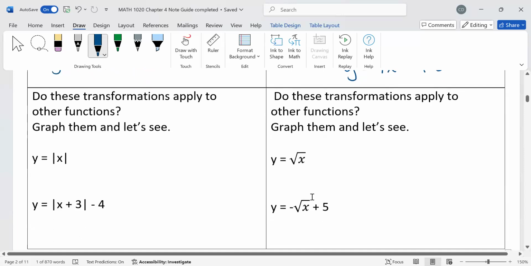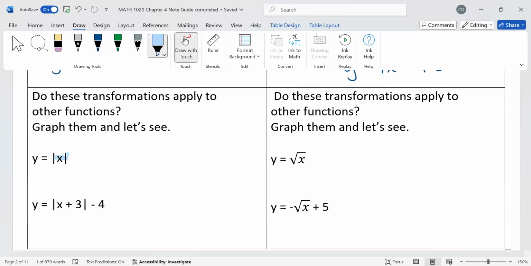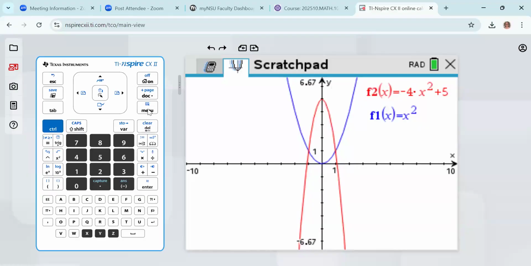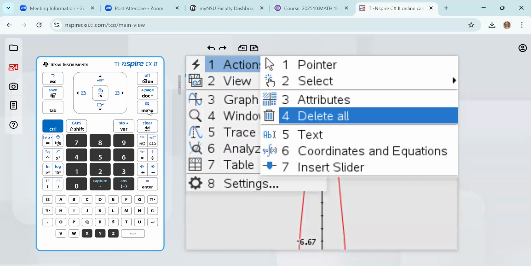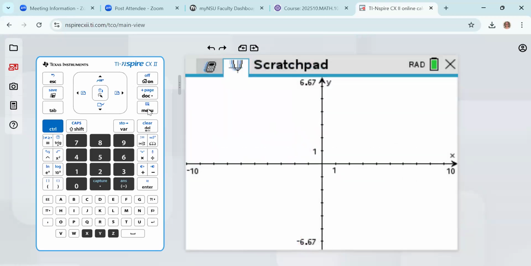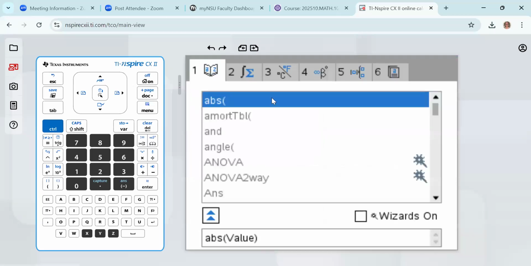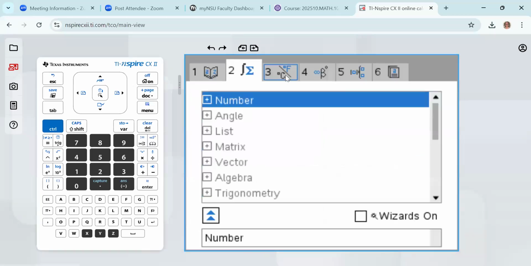All right, so now we have some other functions and we want to see if the same transformations apply. So the original we have here is the absolute value of x. So let's flip over to the calculator. So I'm going to hit Menu, Actions, and delete all since I'm starting over with a new function. Tab, and let me show you where the absolute value is. It's this thing that looks like a book. And you're going to have to find the right one.